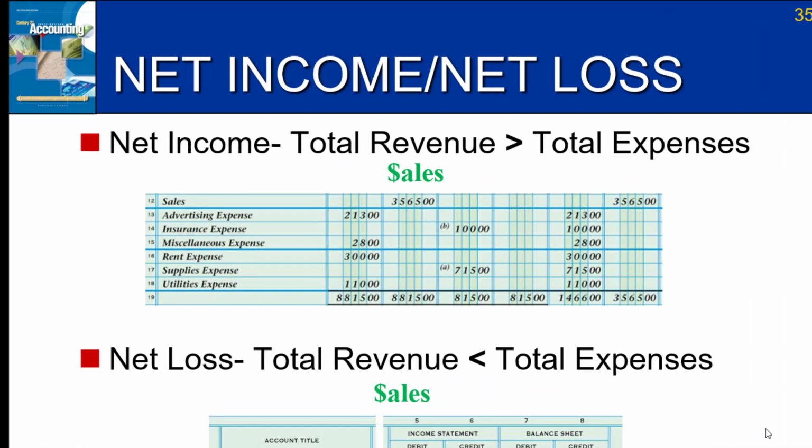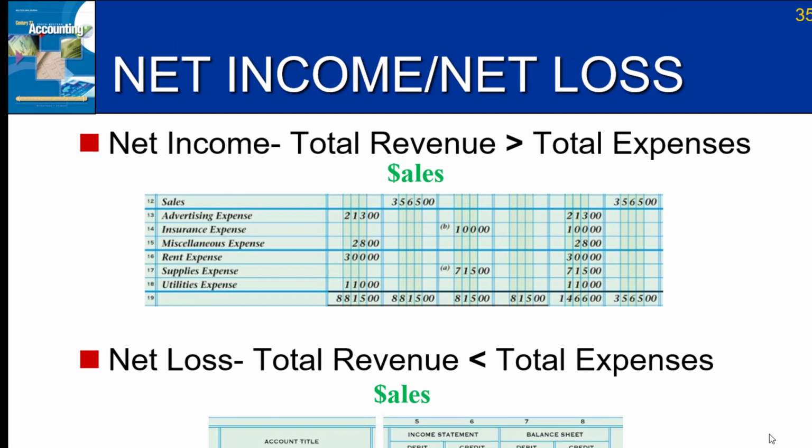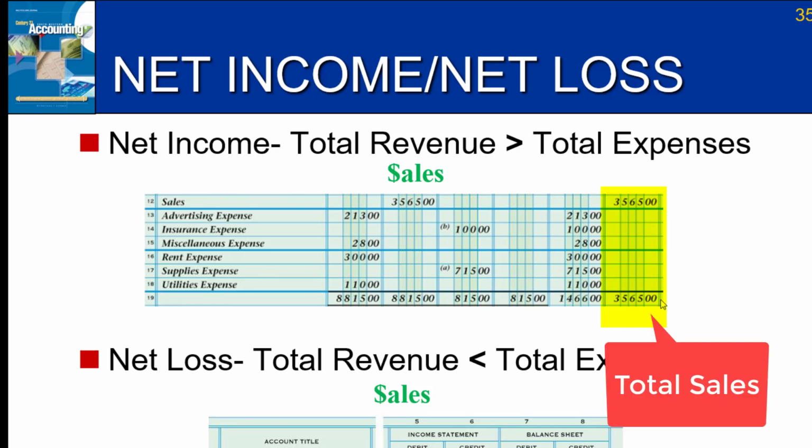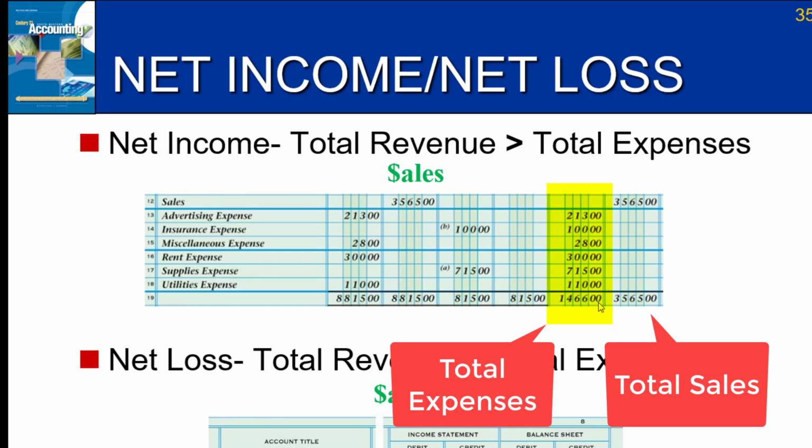On the top, this is an example where we have a net income. Right now, I'm focused on this column right here, the furthest on the right. This is my sales column. So if I look at my sales number, I have 3,565. That number is bigger than the total amount of expenses, which is the column to the left of it, 1,466.